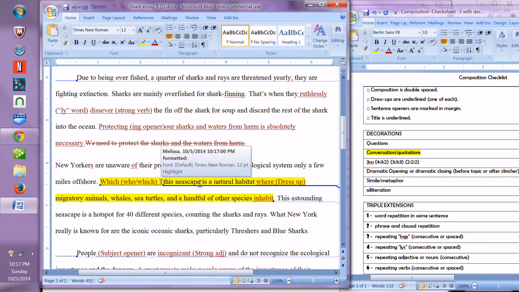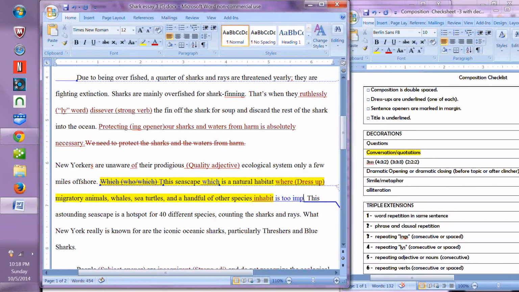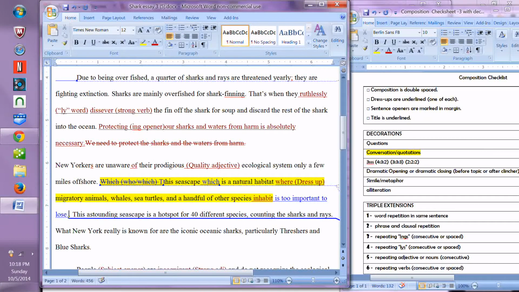This seascape, which, and I'm going to delete this, which is a natural habitat where migratory animals, whales, sea turtles, and a handful of other species inhabit, is too important to lose.